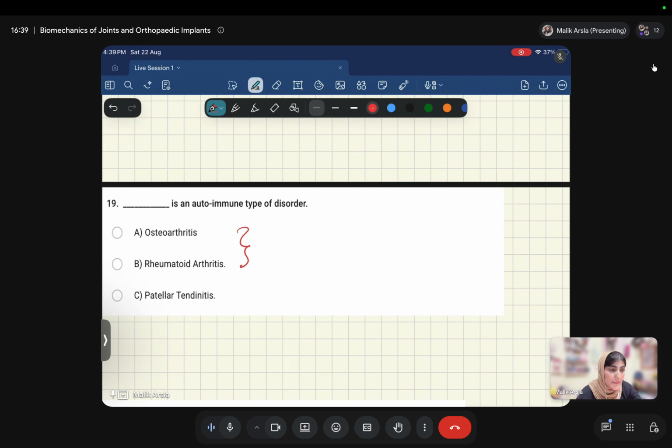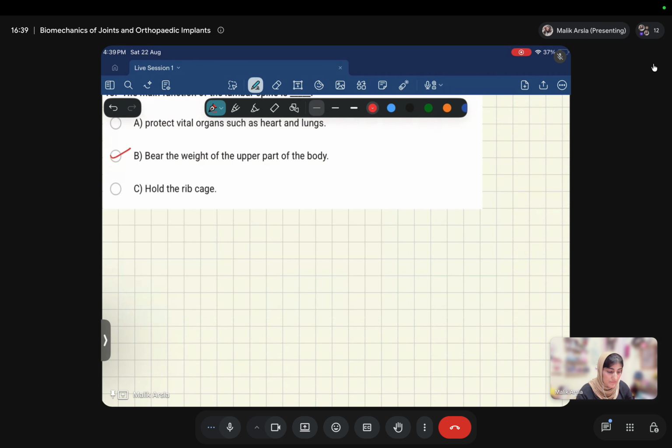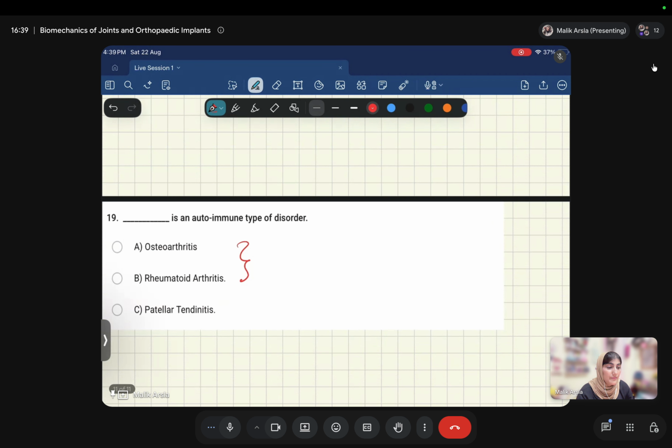Can anyone tell? See, osteoarthritis, yeah, it is age related, but it's mechanical and degenerative. So in that case, due to aging, these joints are getting degenerated. But in case of rheumatoid arthritis, it is the immune system which is attacking the joints itself.